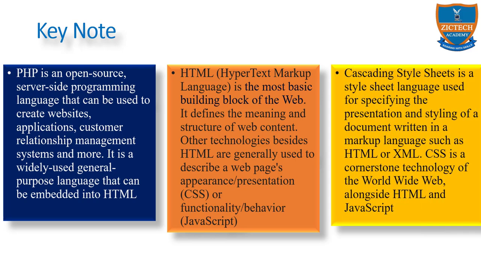The next is CSS. As the word goes, CSS means Cascading Style Sheets. It's a style sheet language used for specifying the presentation and styling of a document written in a markup language such as HTML or XML.